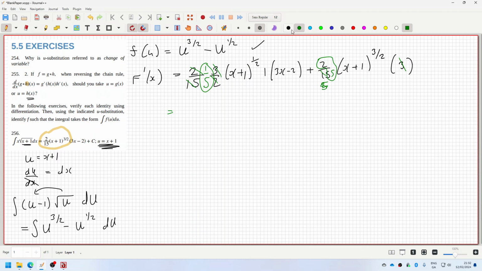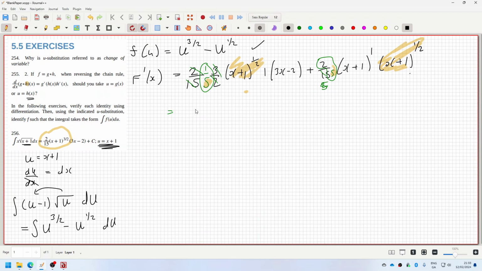Now, this is power 3 over 2, which is power 1.5. So what I can do is split this into x plus 1 and x plus 1 to the half. So now if I highlight here, I've got x plus 1 power a half and x plus 1 power a half and the 5 that I can take out.